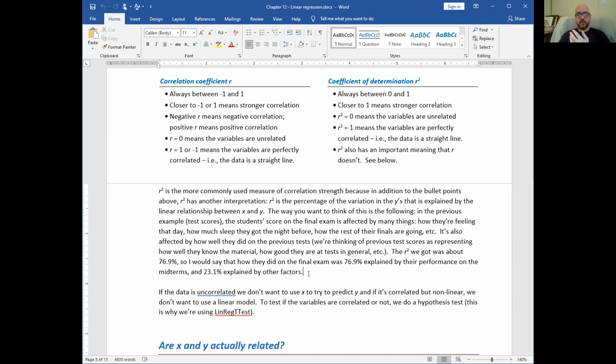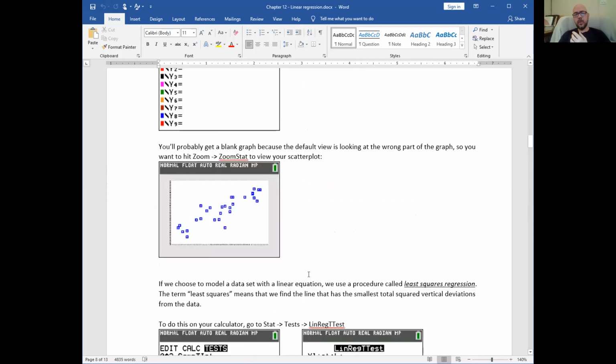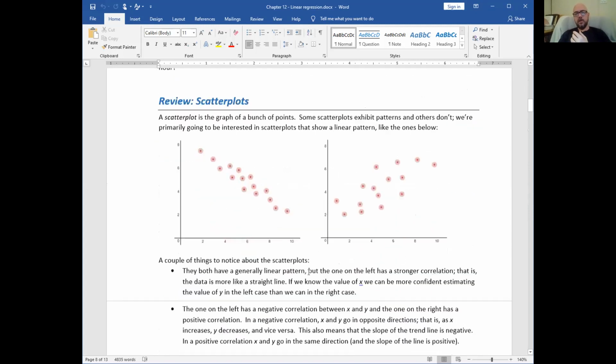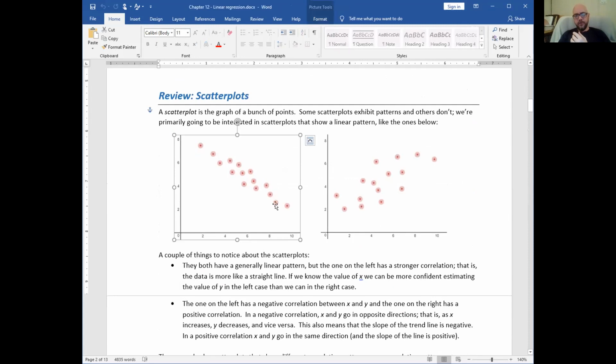So for instance, here, the amount that the y's change is mostly due to the fact that they follow a linear trend. Whereas here, the amount that the y's change is somewhat due to the fact that they follow a linear trend, but also somewhat due to the fact that they're just kind of random and all over the place.